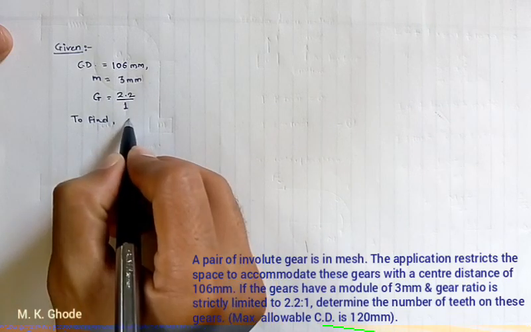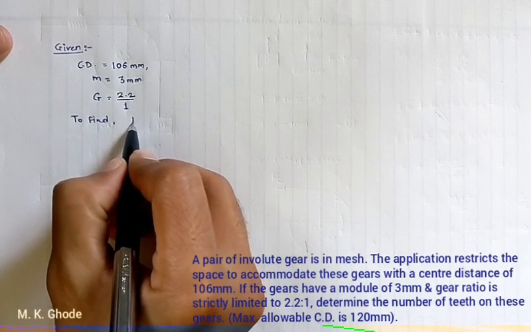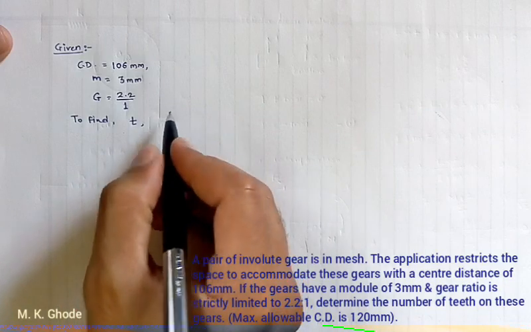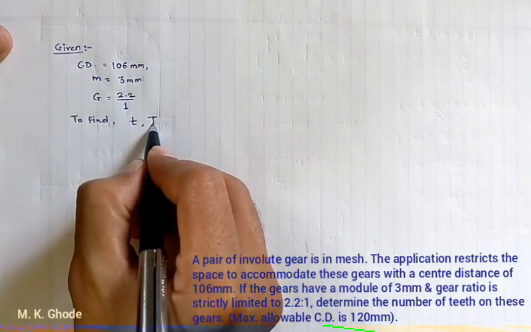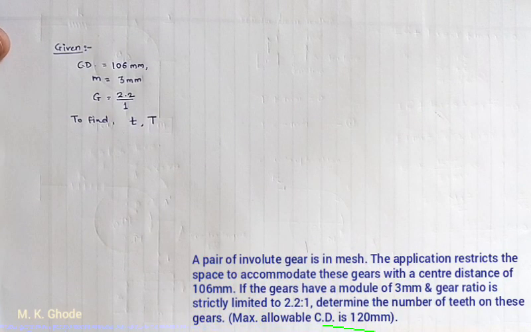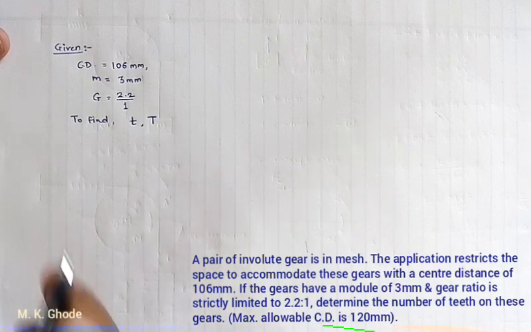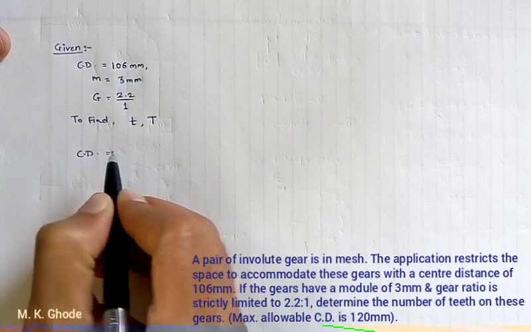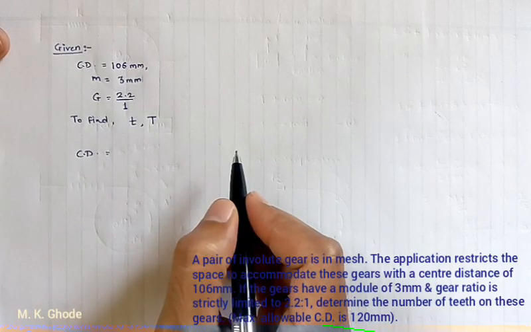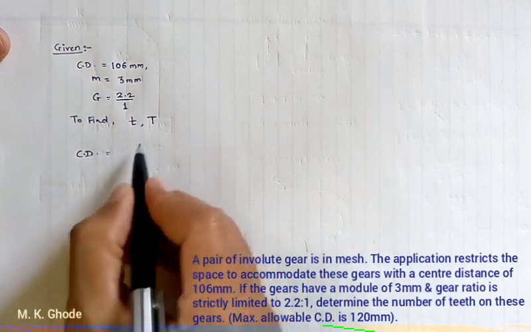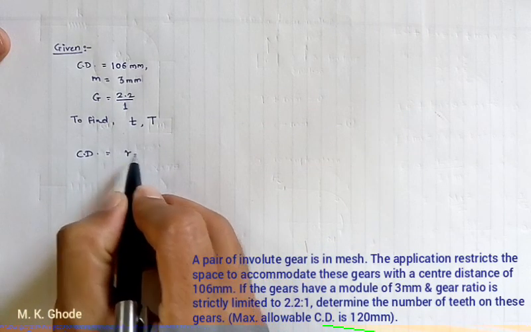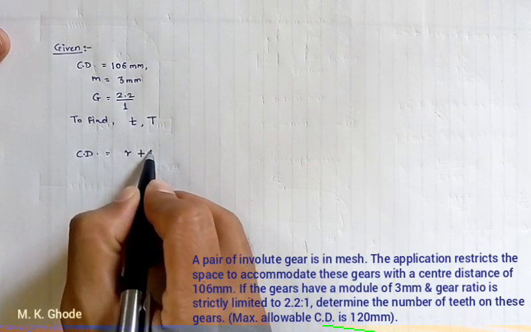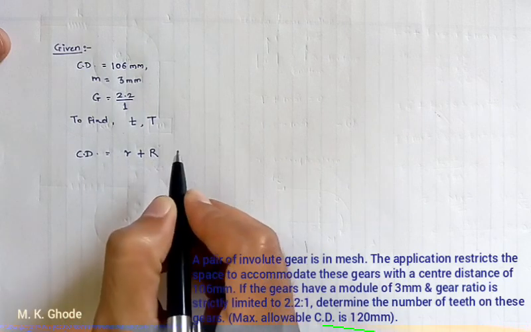the number of teeth on pinion, so let it be small t, and the number of teeth on gear, let it be capital T. Now the center distance is the distance between the centers of the two gears, so it will be equal to the radius of pinion plus the radius of gear.